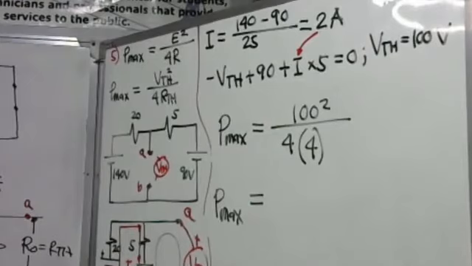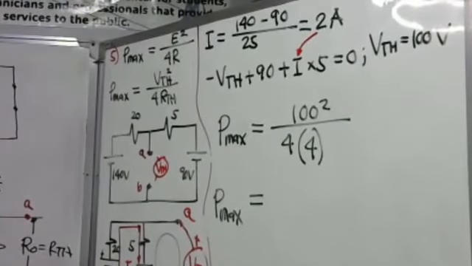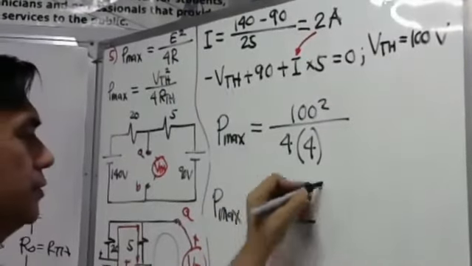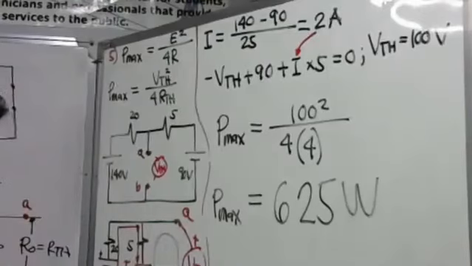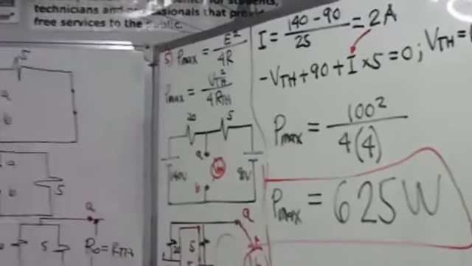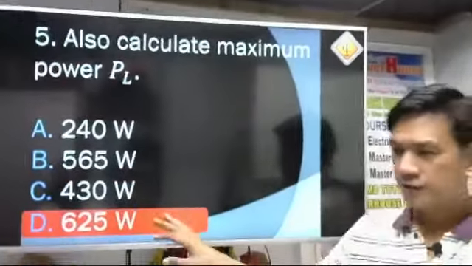We have here 100 squared, then divided by 16. The answer is 625 watts. That is our answer. So that will be letter D.